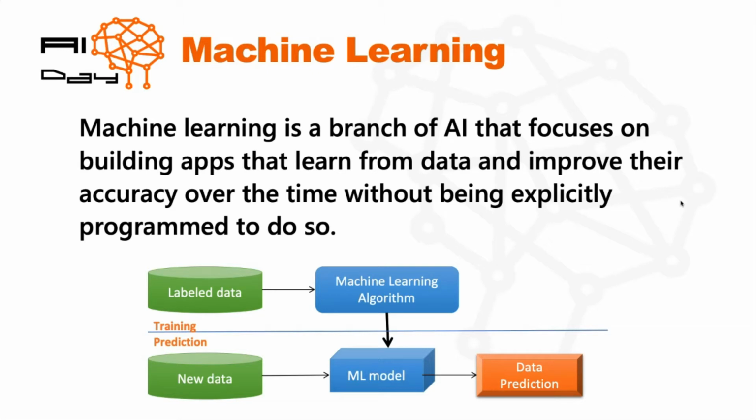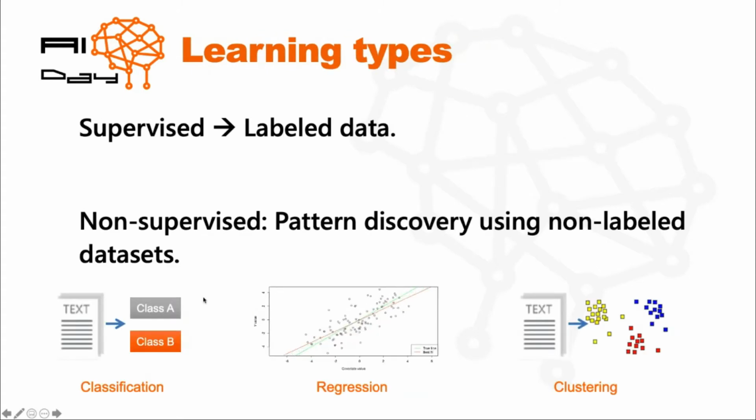So usually in our data, we can have two types. We can have labeled data or non-labeled data. And respectively, if they are used for machine learning, we will talk about supervised learning or non-supervised learning.